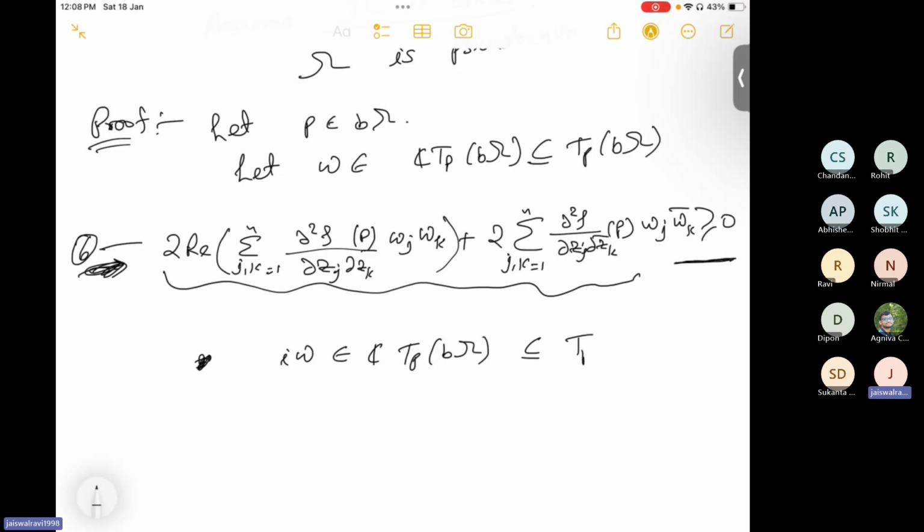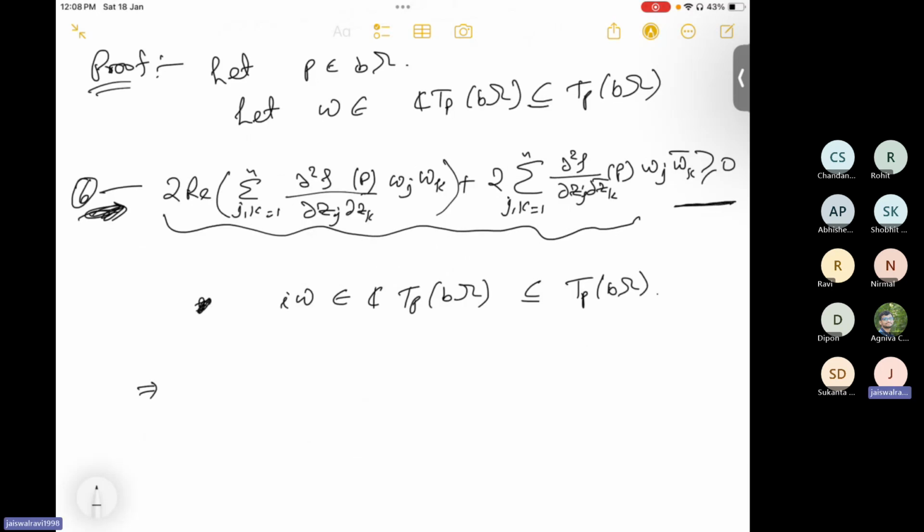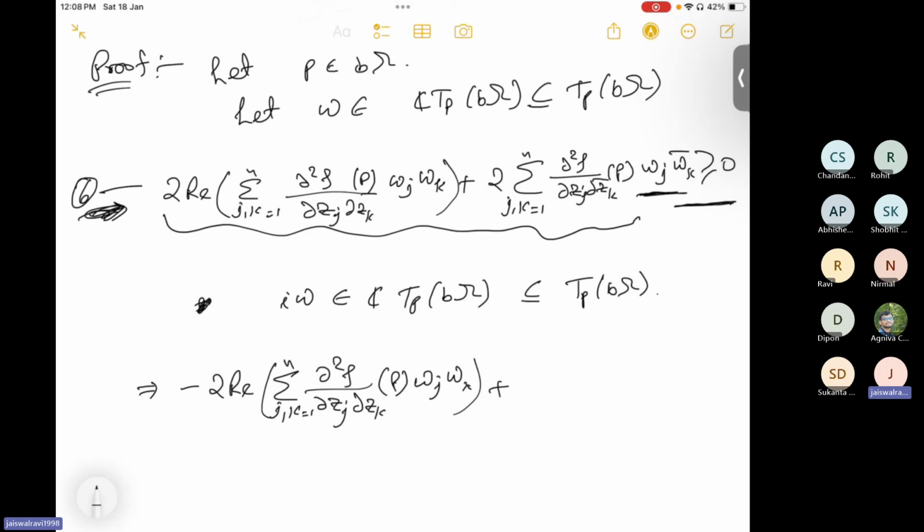If you put iota W in expression 6, since i square is -1, you get minus 2 times the real part of the sum over j,k from 1 to n of del square rho over del zj del zk at P, wj wk, plus the second term, where if you replace w with iota w you get just 1. That means there is no sign change here.